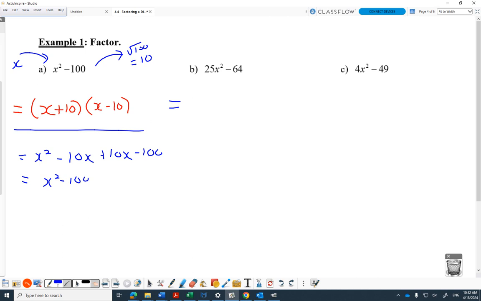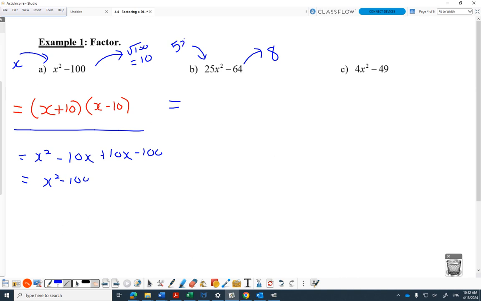Are these both something squared? Is there something that squares to give 64? 8. I'm feeling pretty good. There is something that squares to give 64, which is 8. Is there something that squares to give 25x squared? 5x.